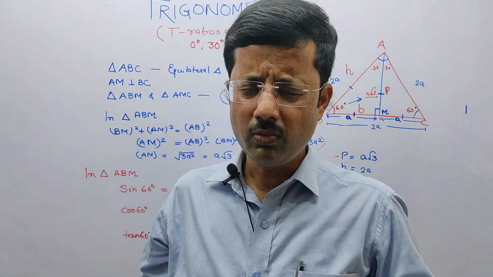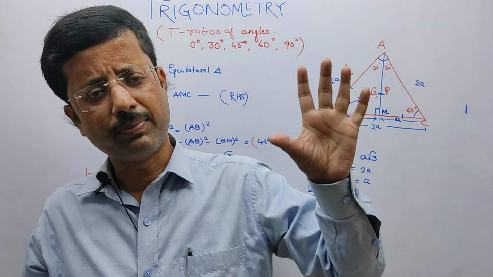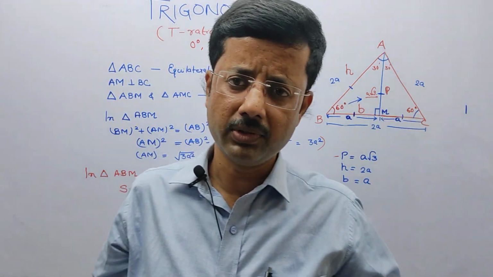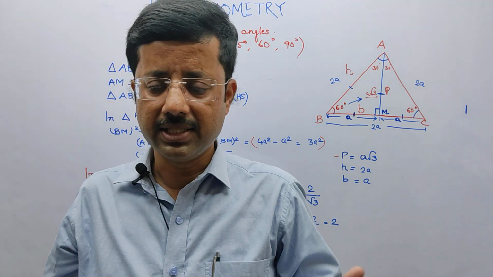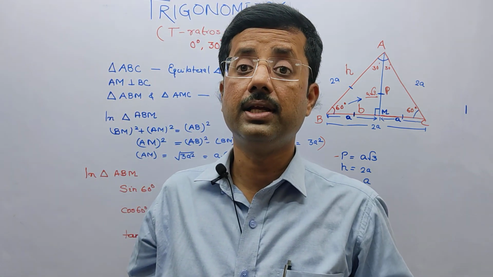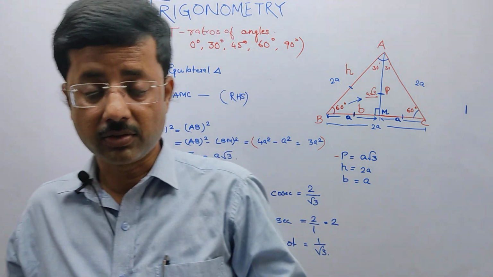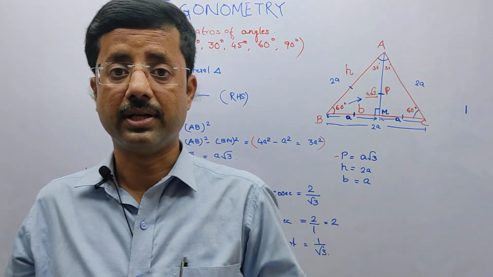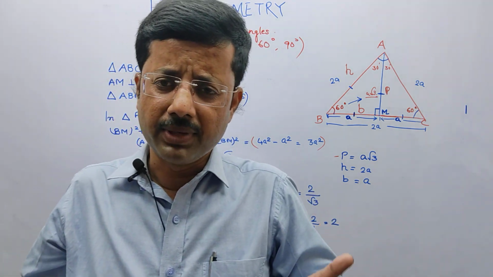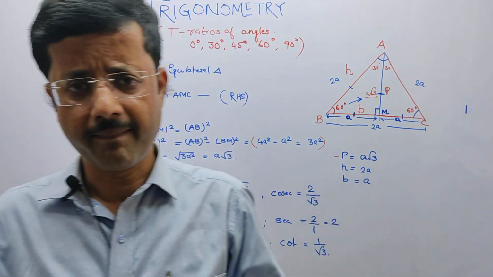So how is it possible that this perpendicular and hypotenuse ratio will always be the same? Because the sizes are different. Since the sizes of the sides of the triangle are different due to the different sizes of the triangle, it may also be different. So why is it constant only?